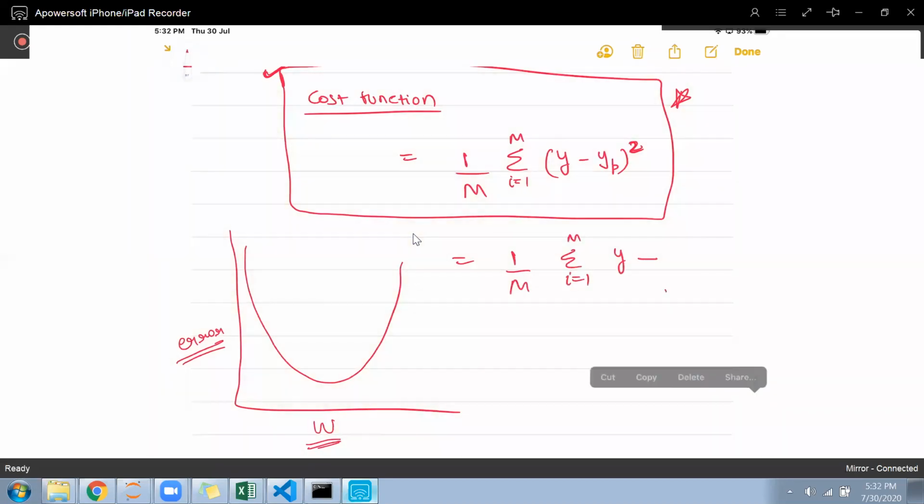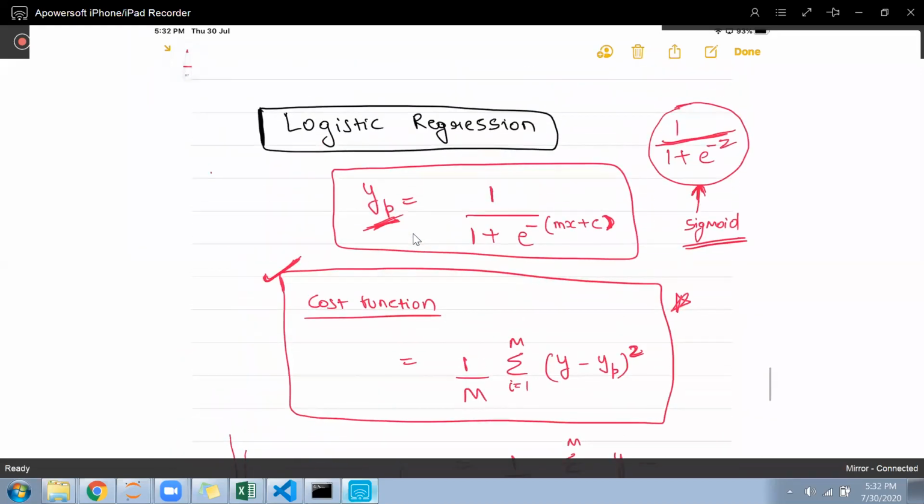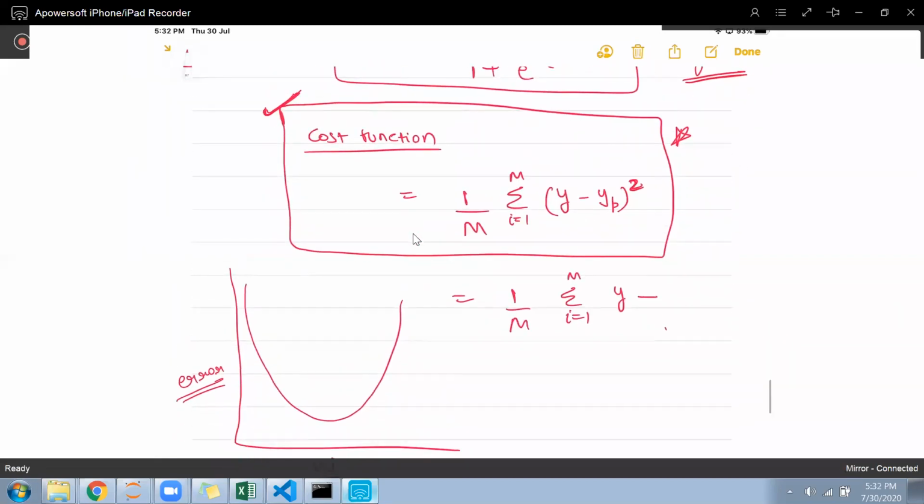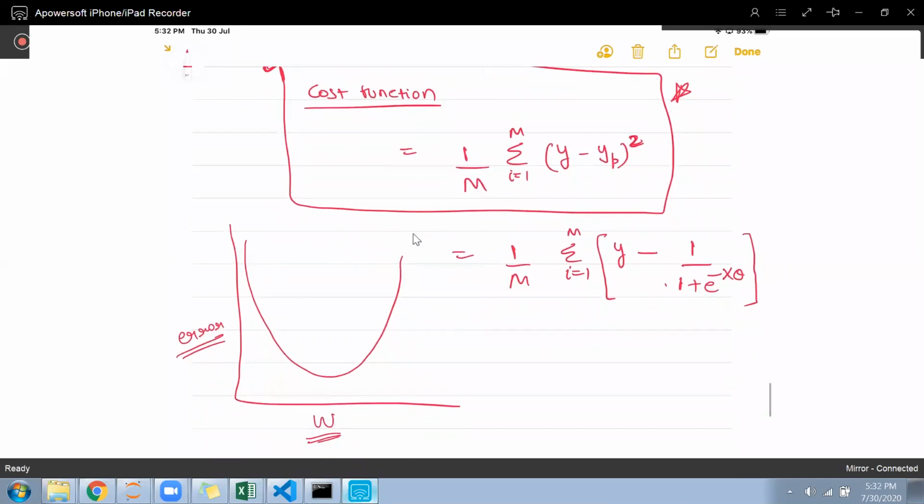Okay, I will write this in the form of matrices now, so don't get confused. I will write it like this: 1 upon 1 plus e to the power x theta. So this is the problem.